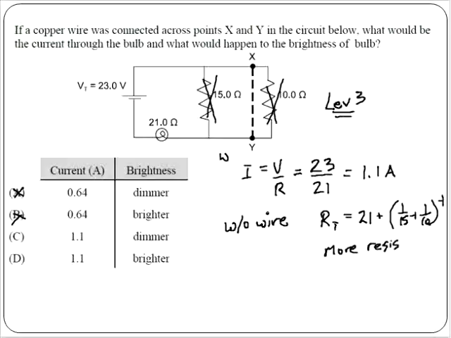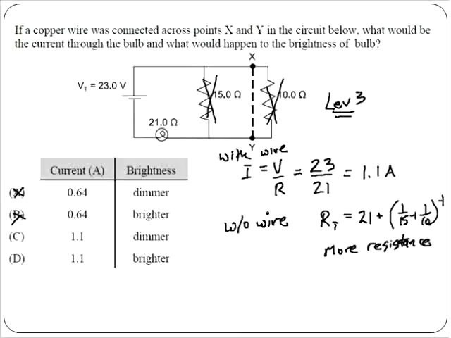This is with the wire. This is without the wire. I don't even need to calculate what it is. I know there's more resistance just by looking at the calculation. I'm adding something on to that 21. With the wire, the resistance is only 21. But with the wire not there, those other resistors come into play, and the resistance is more than 21.